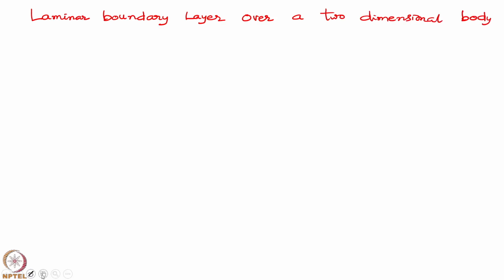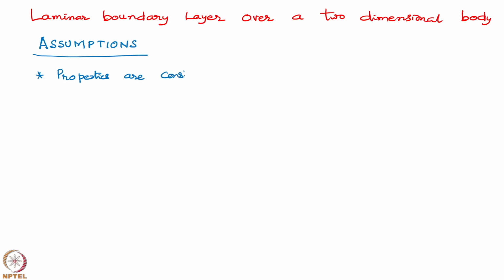Before I take up that, let me state what all the assumptions are under which I will consider this laminar boundary layer. So, the assumptions are: thermophysical properties are constant, that is K, rho, Cp, mu of the fluid are constant, they do not vary.